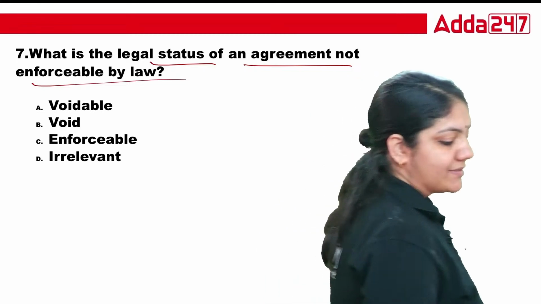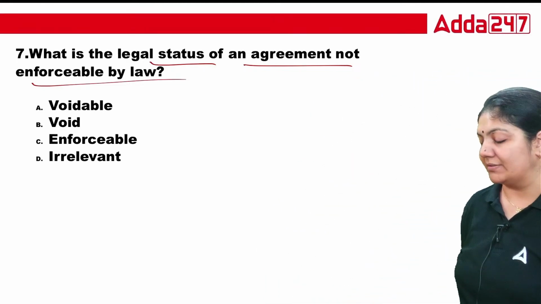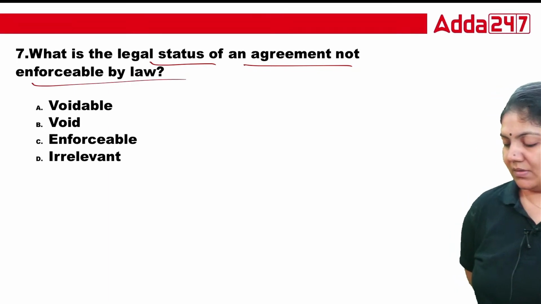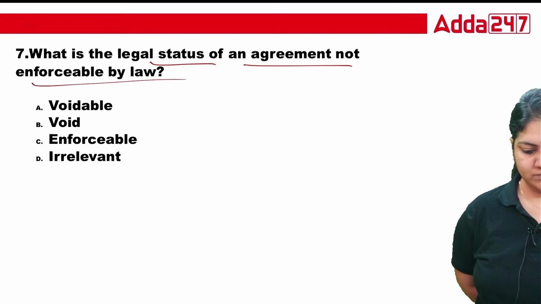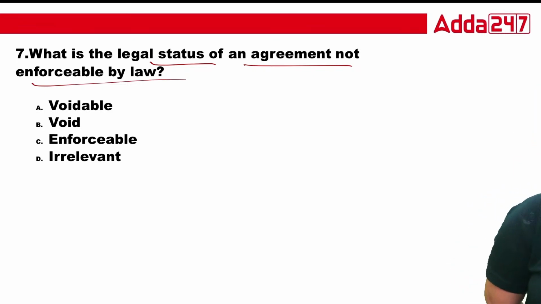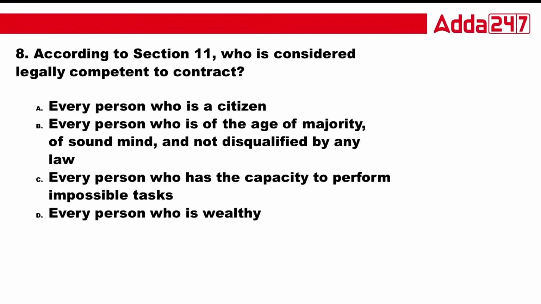An agreement not enforceable by law is called void. So this is the right answer. Voidable is when one party has the option to breach the contract. Void, enforceable, irrelevant. Okay, next.